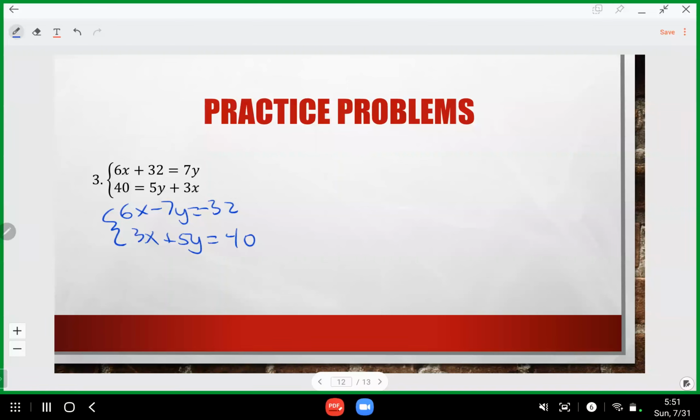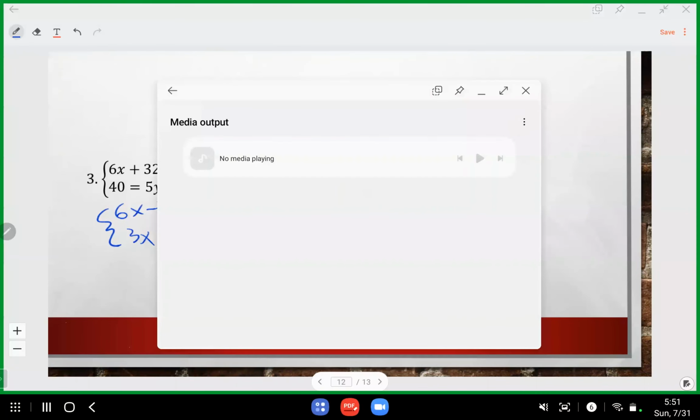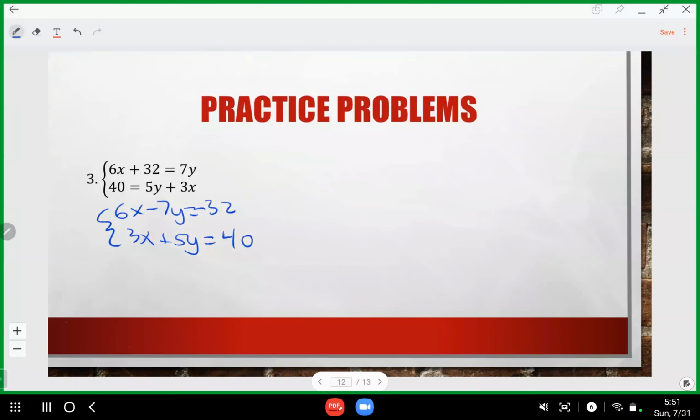Then how about let's multiply the second one by -2. All right, and then we can add. So then we get -17y is going to be equal to -112. Y is going to be equal to 112 over 17.